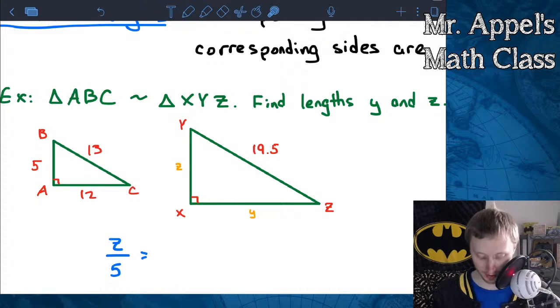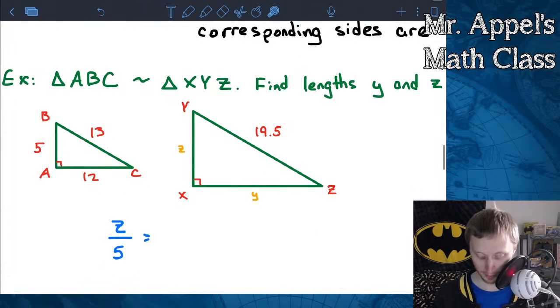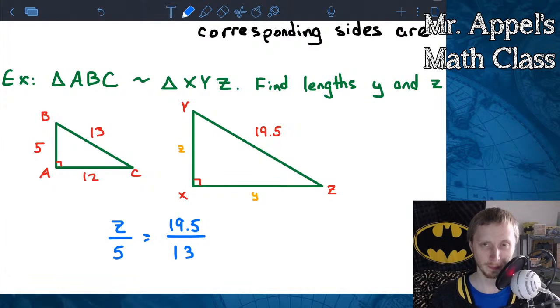And since I did large triangle over small triangle, I've got to repeat that on the other side of my equation. Large triangle measurement, I have 19.5 over the corresponding small triangle's 13. And now I have an algebra equation. I can just solve for Z.